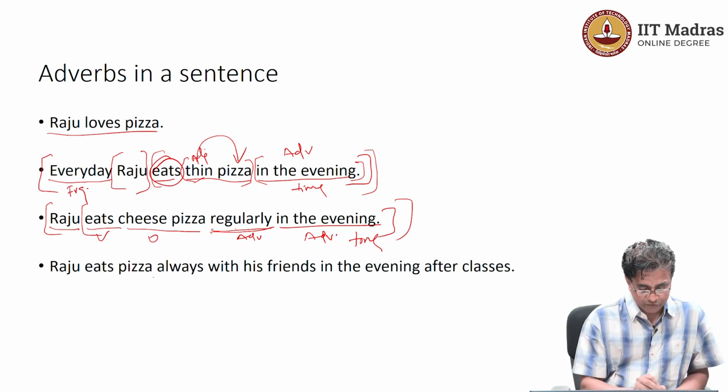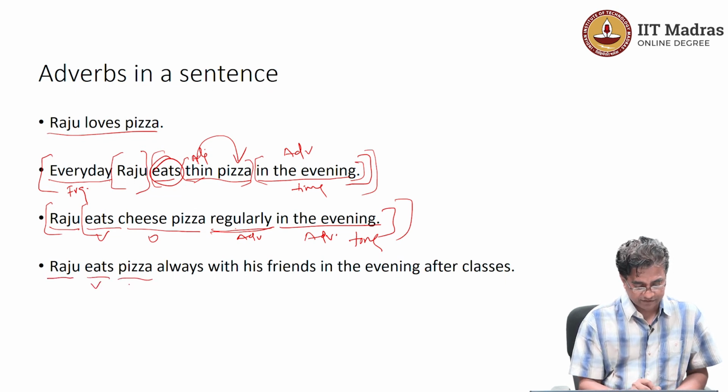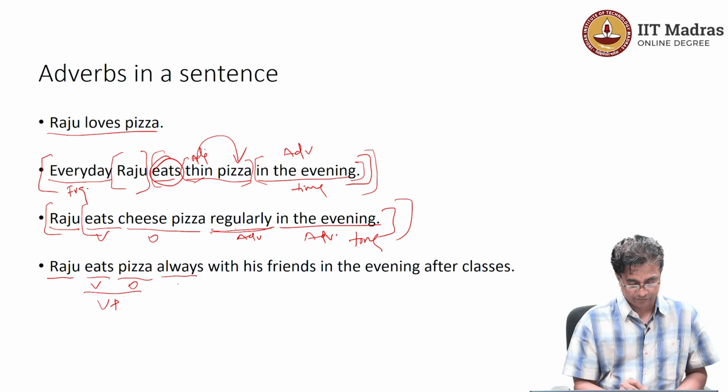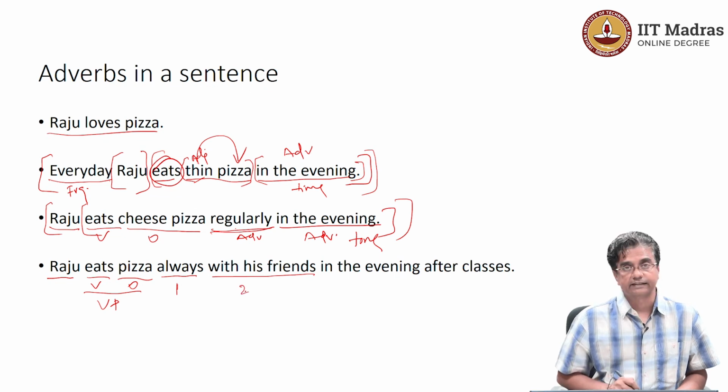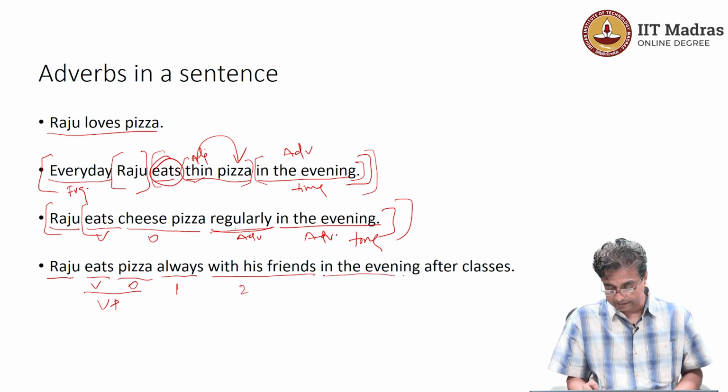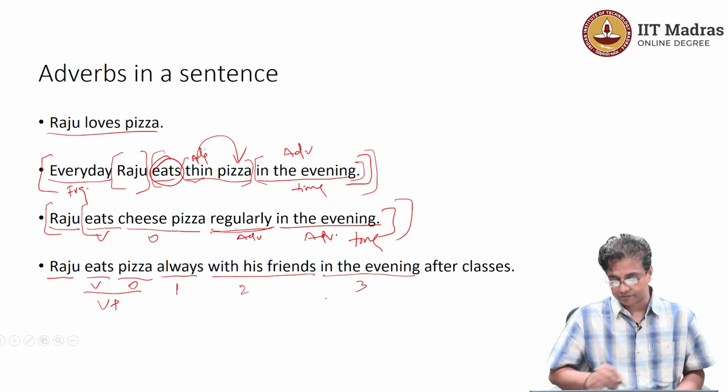Now look at this. Raju eats pizza. Subject, verb, object, which is basically a verb phrase. Always, one adverb. With his friends, another adverb. In the evening, another adverb.